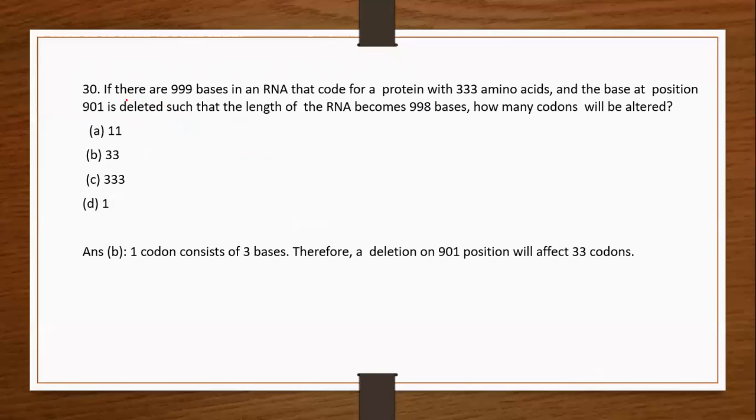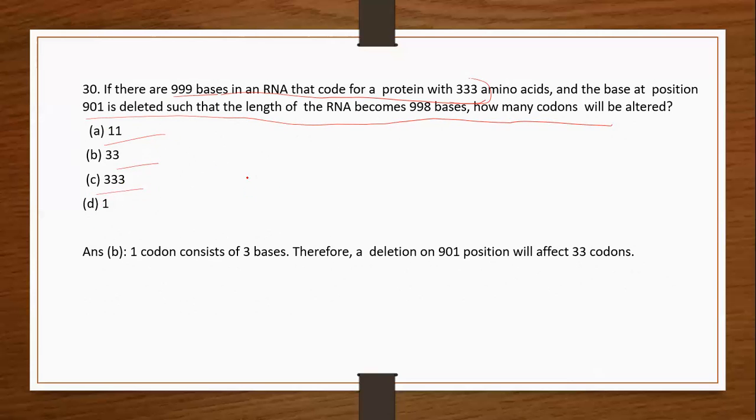Last question is, if there are 999 bases in RNA that code for 333 amino acids, and the base at position 901 is deleted such that the length of RNA becomes 998 bases, how many codons will be altered? The options are 11, 33, 333, and 1.